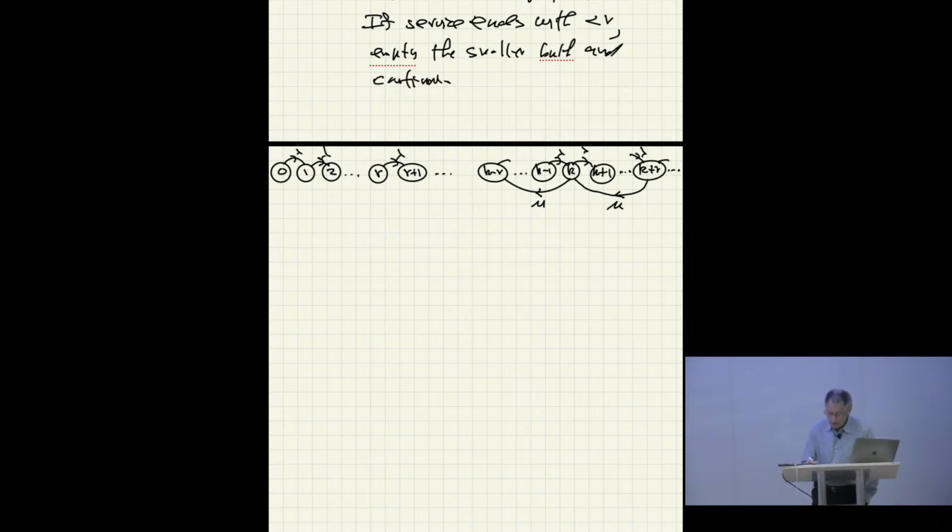Now from R, let's look at state R. Where do I go if there's a departure? 0. Where do I go from state 2 if there's a departure? 0. From state 1 if there's a departure? 0, etc. But from R plus 1, I go to 1. And all of those are at mu, etc. That's the picture.